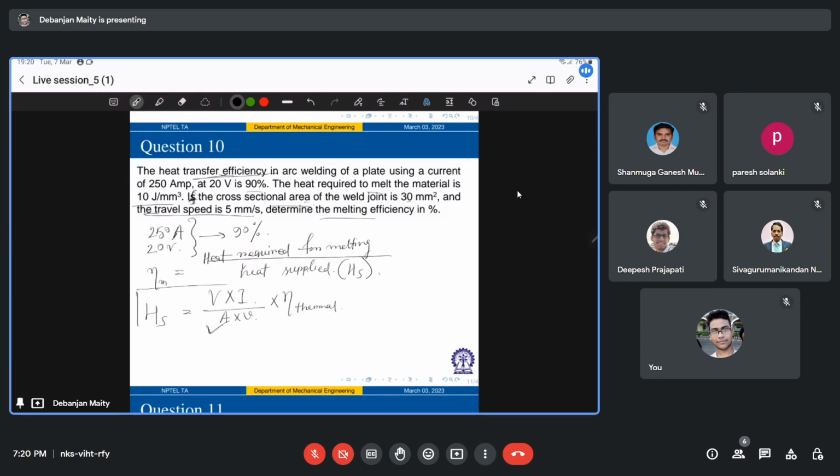I hope this should be right. Can you guys confirm? So this V into I will be in terms of joule, area will be mm square. So this will be finally mm cube per second.